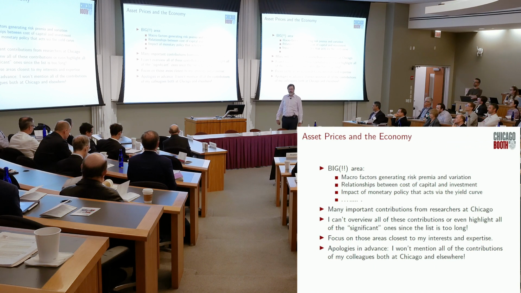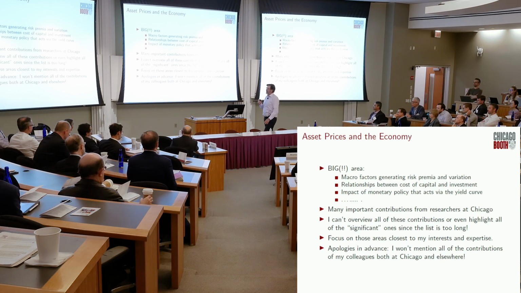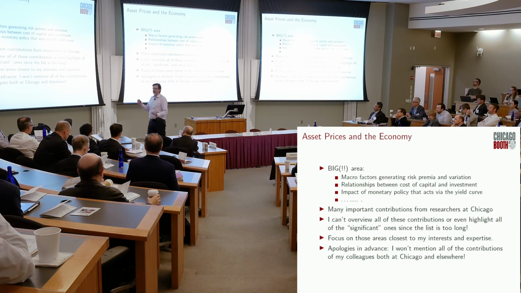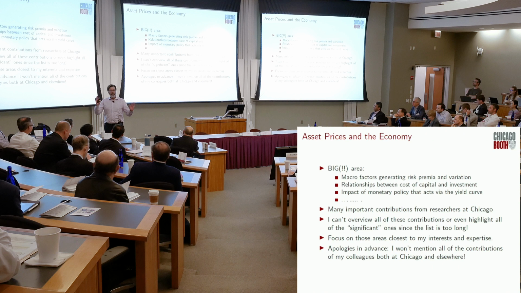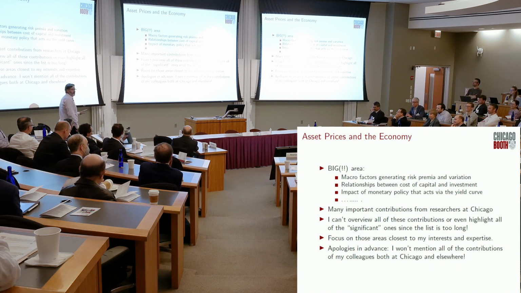There are many important contributions here at the University of Chicago and elsewhere, of course, and I can't overview all of them. Even if I try to talk about only the significant ones, that's too big a list. So I'm just going to focus on stuff I know. My apologies in advance; I'm not going to mention all my colleagues. I love all of you and all the contributions, both here at Chicago and elsewhere.